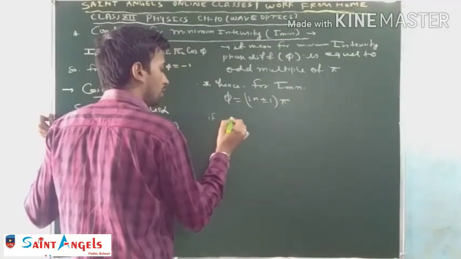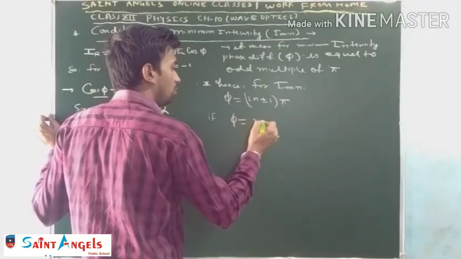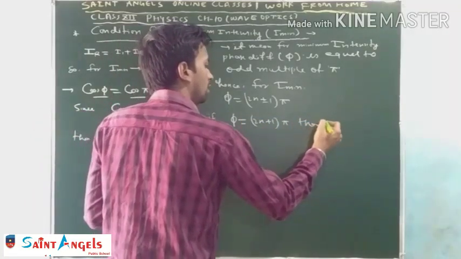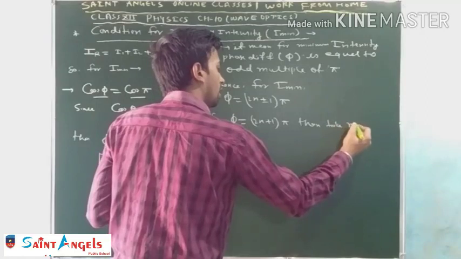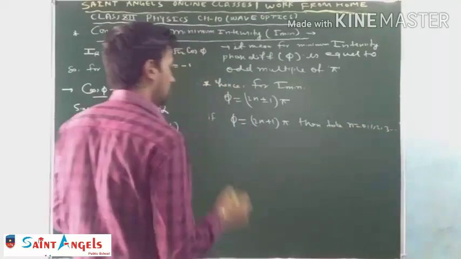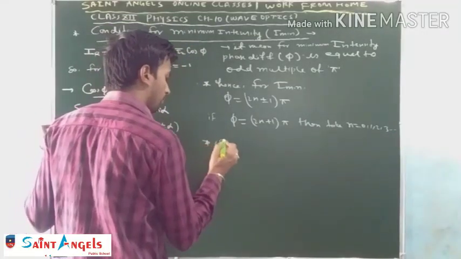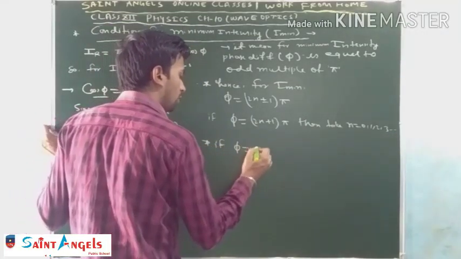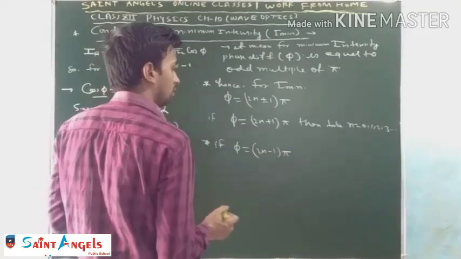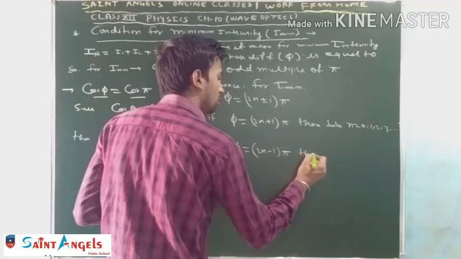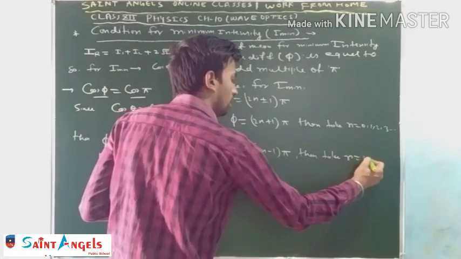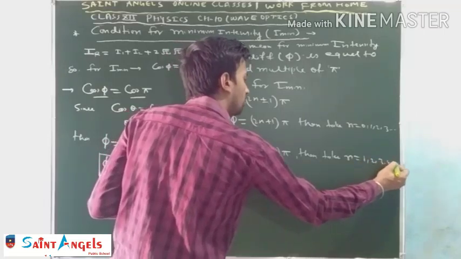If phi equals 2n plus 1 into pi, then take n equal to 0, 1, 2, 3 and so on. And if phi equals 2n minus 1 into pi, then take n equal to 1, 2, 3, 4, and so on.